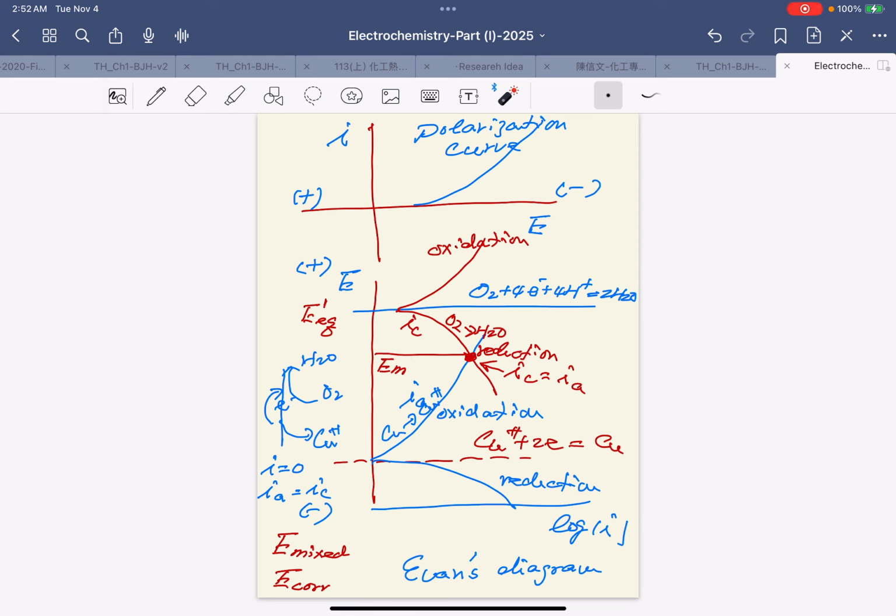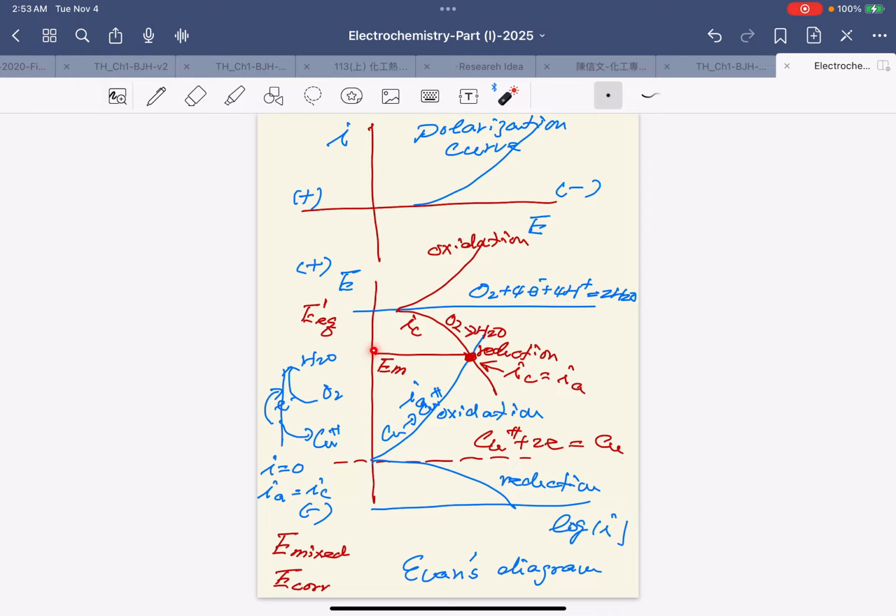This is the case we mentioned in the Pourbaix diagram, where the potential is in the corrosion region. Then you can get the I corrosion, the corrosion current, from this. So you can measure the corrosion rate quickly. You can get the corrosion potential and the corrosion rate. But that is very important.